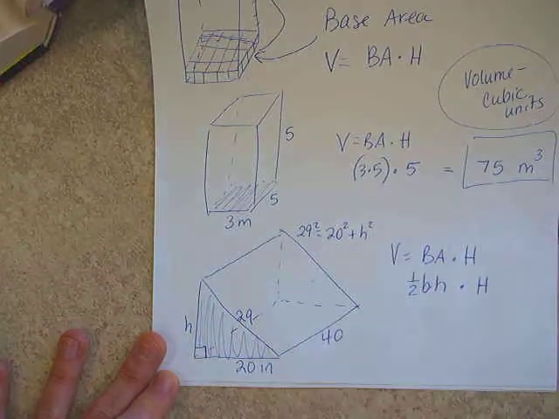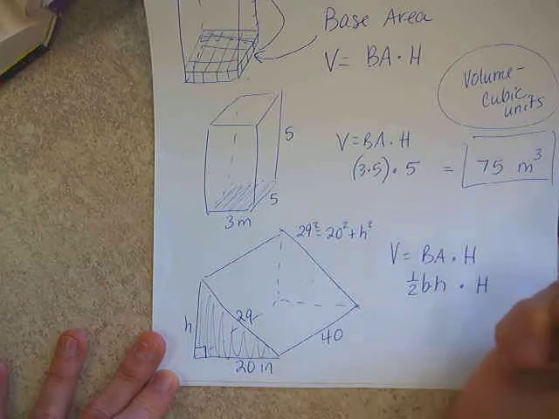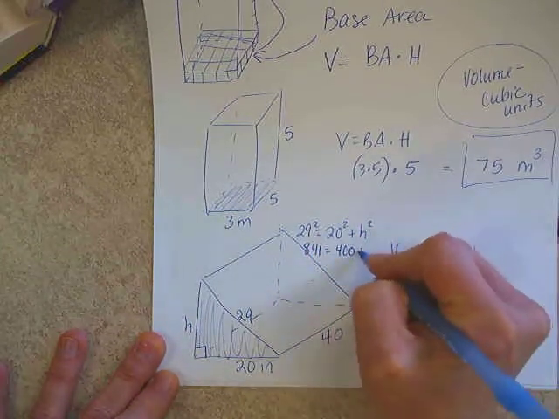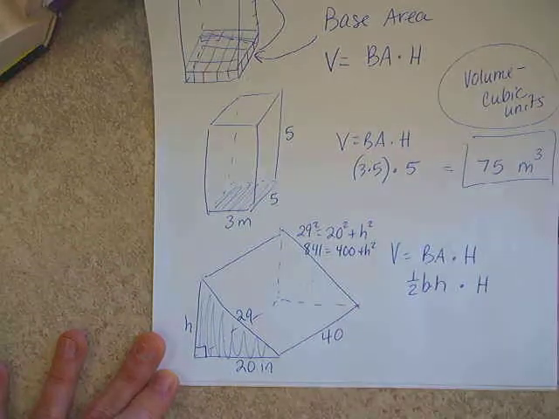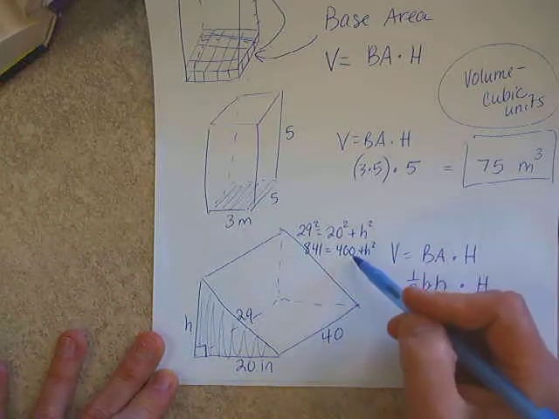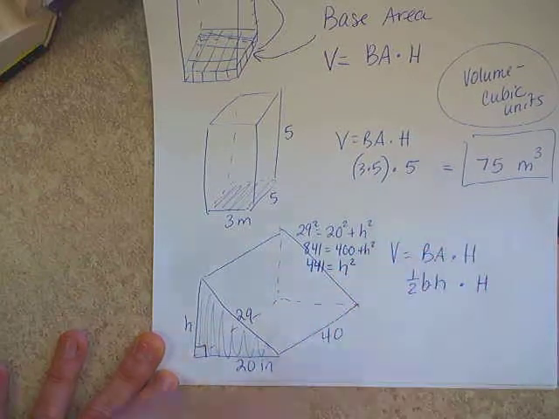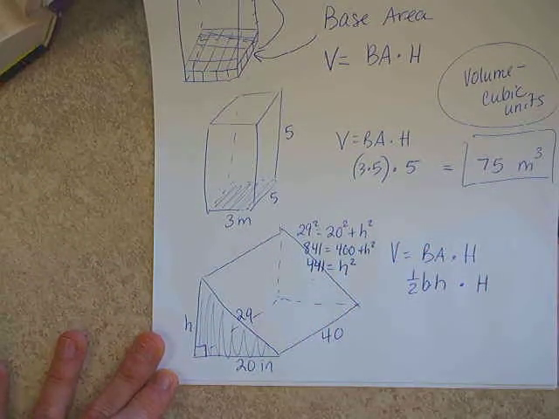29 squared equals 20 squared plus h squared. We'll call that little h because that's kind of what we're looking for anyways. Which is 841 equals 400 plus h squared.